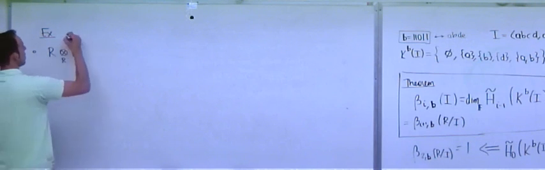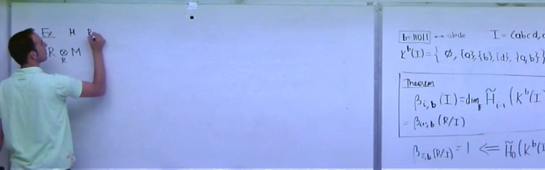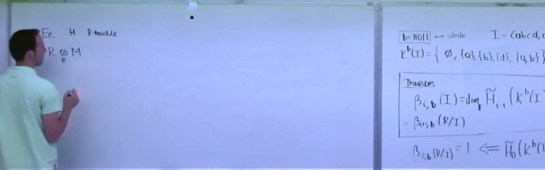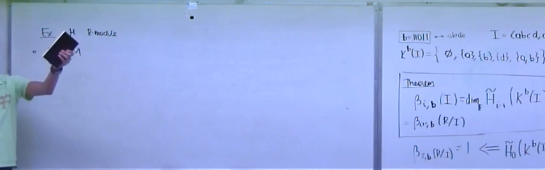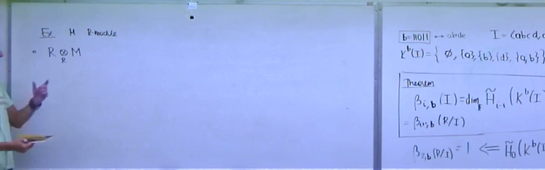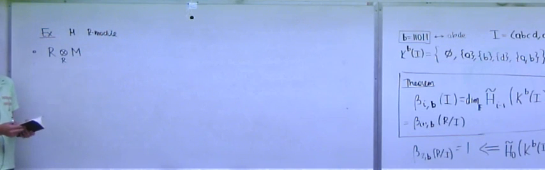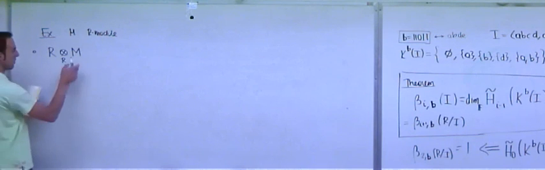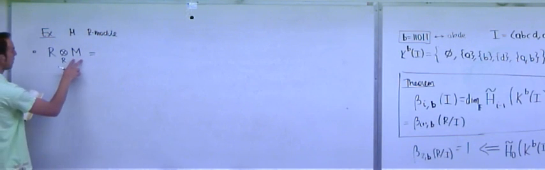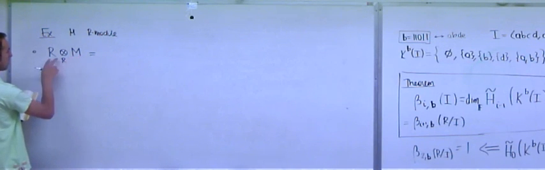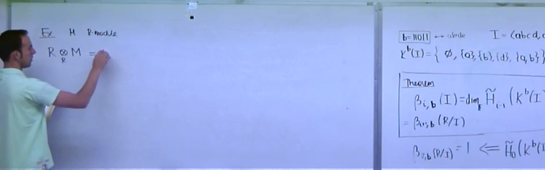Here M is an R module, and I want to define this. Now, you might have the intuition, and it's a sensible one, that you're making a bigger thing, taking two modules and multiplying them into something bigger. But what I want to show you is that when you tensor R and M, you're just going to get M back.